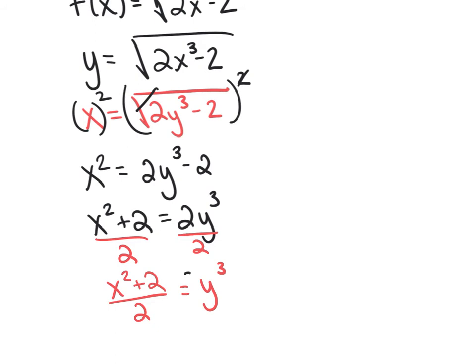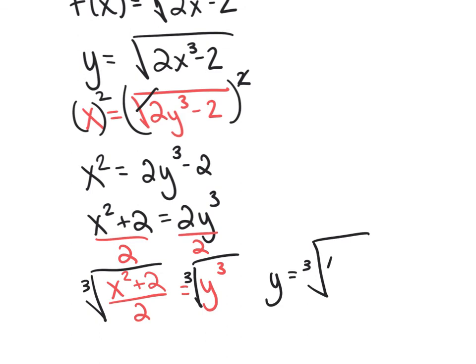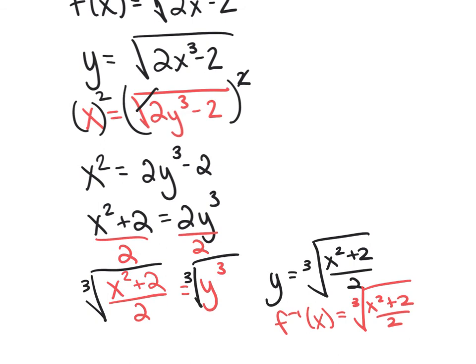Well, I do that by doing the cube root. Cube root here, cube root here. And that leaves me with y equal to the cube root of x squared plus 2 divided by 2. And remember, we called that final version of this answer f inverse of x is equal to the cube root of x squared plus 2 divided by 2.